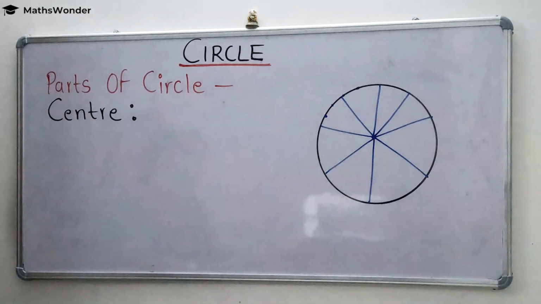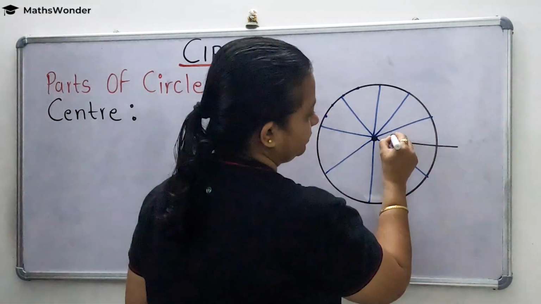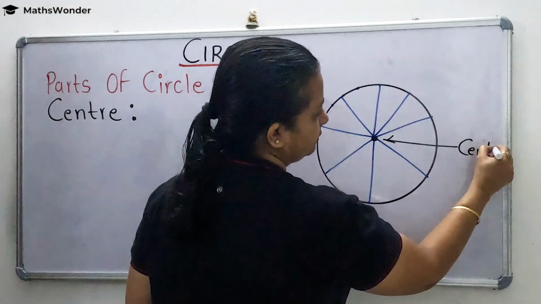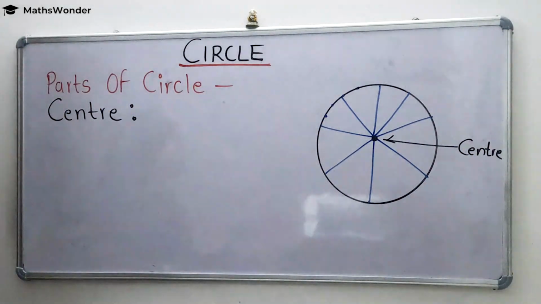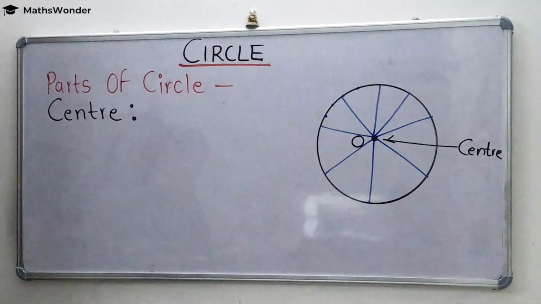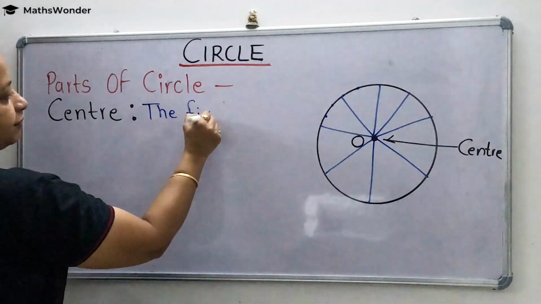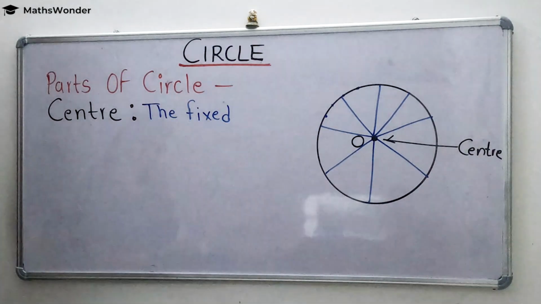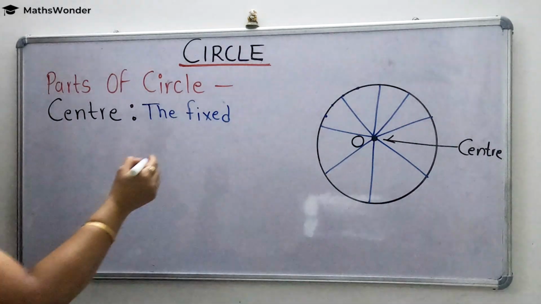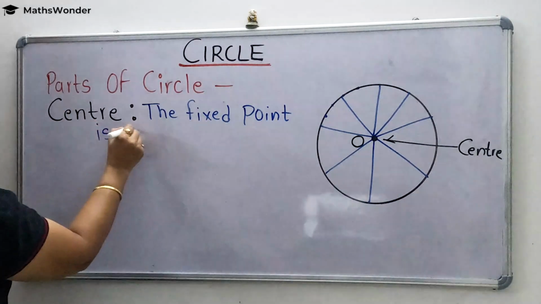The fixed point is called the center. Where is the center? This is the center. The center is generally represented with a capital O. So the definition is: the fixed point is called the center.